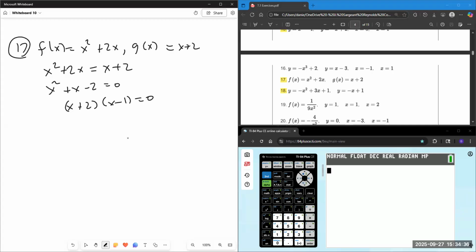So x is equal to -2, or x is equal to 1, giving me points of intersection of -2 plus 2 is 0, 1 plus 2 is 3.